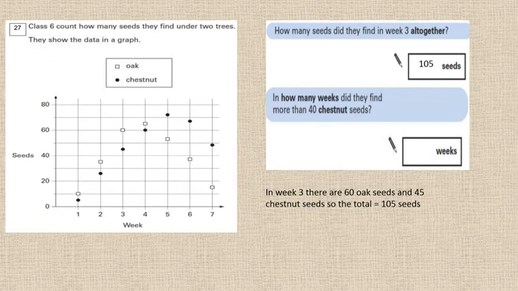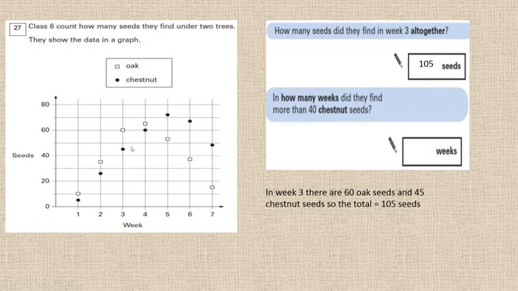The second question: in how many weeks did they find more than 40 chestnut seeds? So first I have to go to 40 seeds here and find all the dots, because the dots represent the chestnut. So I have to go to the 40 and just imagine that there is a line here and find all the dots that are above this line. This is the first one here.